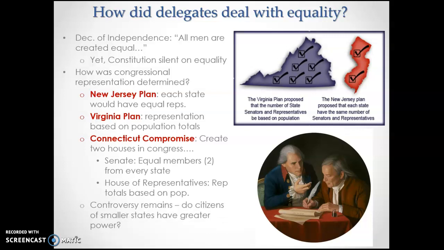And so, this controversy today, even though that settled the debate then and created what our United States Congress is today, it still remains, because it's very easy, based on math, to make an argument that with the Senate being two from every state, smaller states do have greater political power. Take, for example, the state of Wyoming.